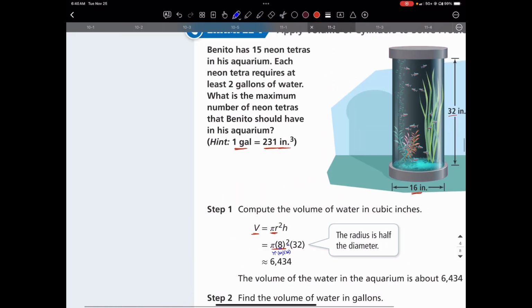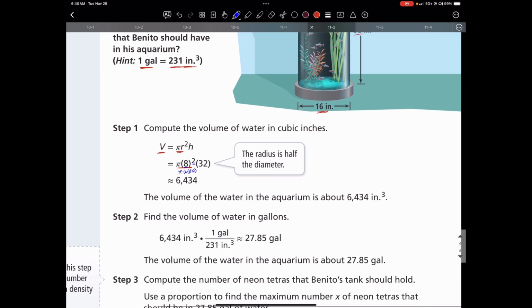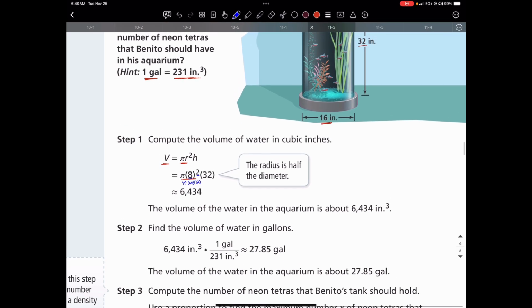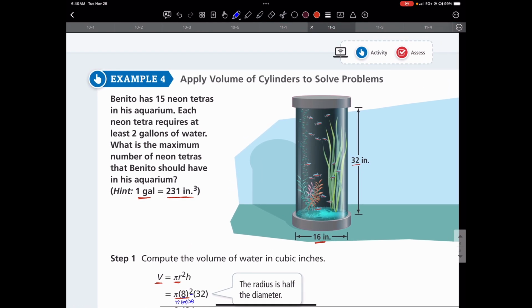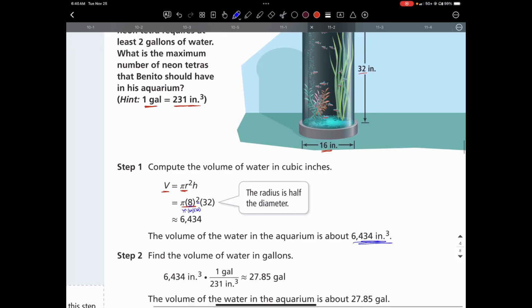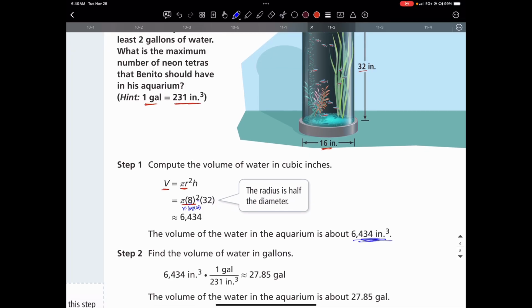All right, so the volume of the aquarium is about 6,434 cubic inches, right? And remember, you need at least 2 gallons of water for each neon tetra. So then 1 gallon is 231, so two gallons would be 462 cubic inches, right? So then you would just divide.